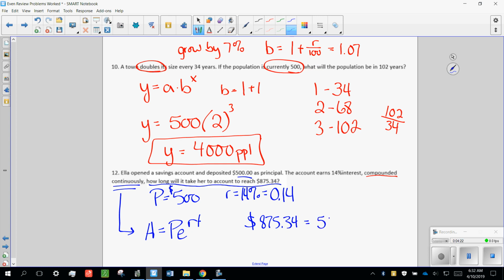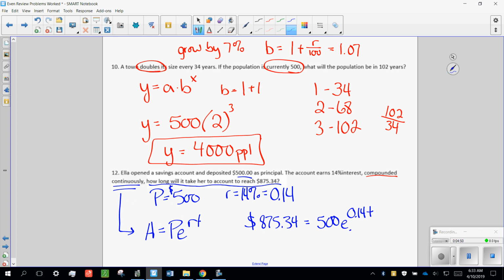But right now, she currently has $500, growing at a rate of 0.14 times time. The big difference for the A equals Pe to the rt equation is for the growth rate, we just put in the percentage as a decimal. We don't put in 1.14, because she keeps the original amount.